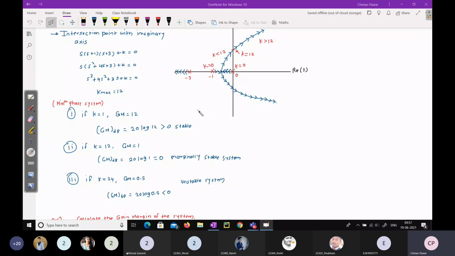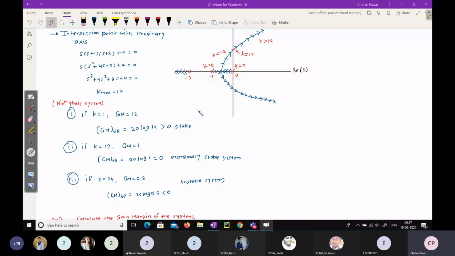A margin of 3 units, right? Are you getting the concept? In the same way, we need to push the system to the boundary at marginal stability. That is the gain margin. How much gain will be required to make the system marginally stable? That is the basic point here.